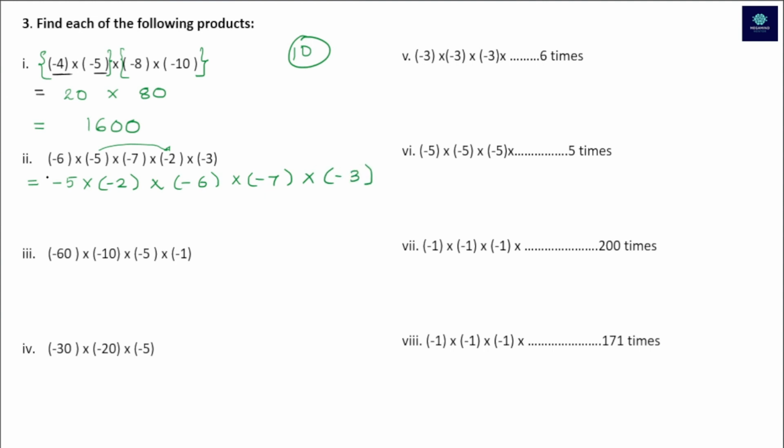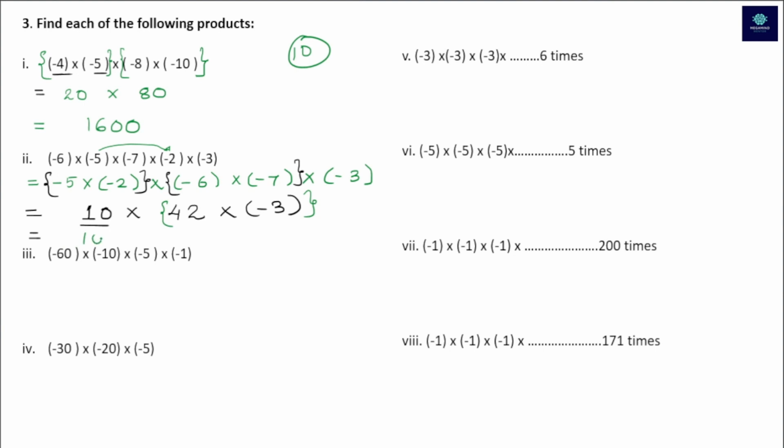So first we are going to multiply these two. On multiplying these two, we will get plus 10, and at the same time, let us multiply these two. Okay. So on multiplying these two, you will get here 42, right? 6 into 7 is 42, and minus minus will give us plus. So into minus 3.